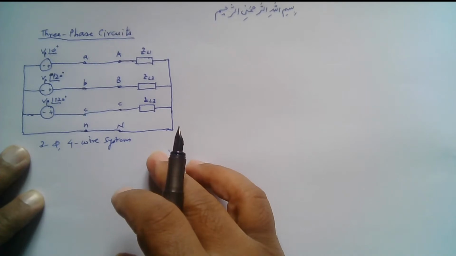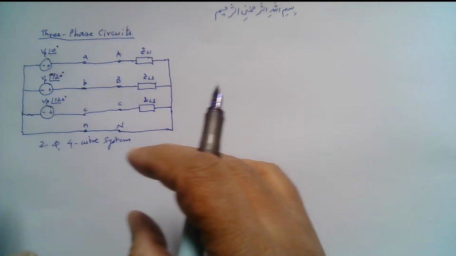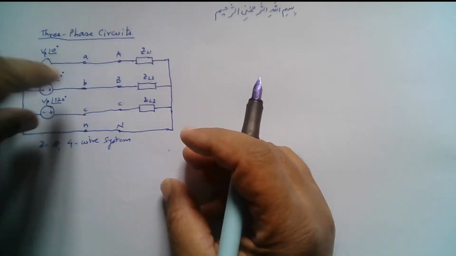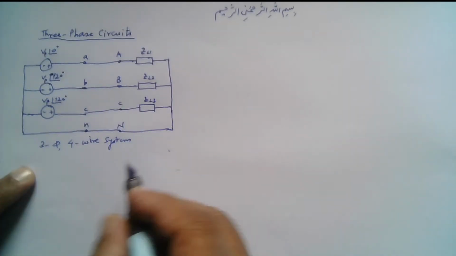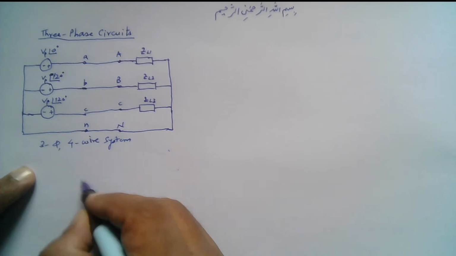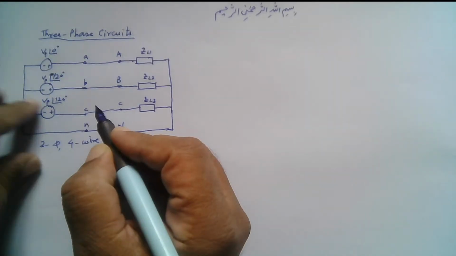And if you look at this, you can draw it in a different way also, in many ways. For example, you can tilt this like this in this direction, and you can tilt this in this direction. And for example, we can draw this load like this also. For example, I'm tilting it like this in counterclockwise direction.